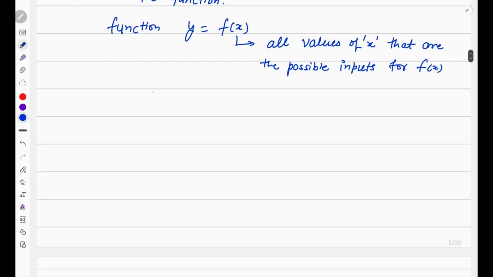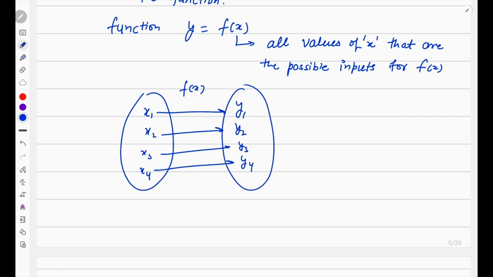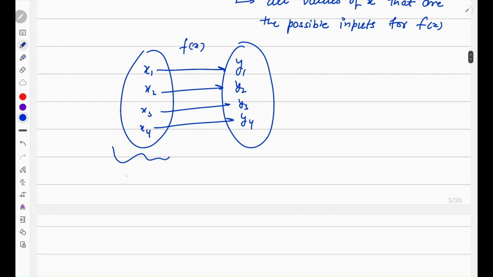Like we have the values x1, x2, x3, x4, and we have a function f(x) that turns the values into y1, y2, y3 and y4. So this is the domain for the function f from x to y.